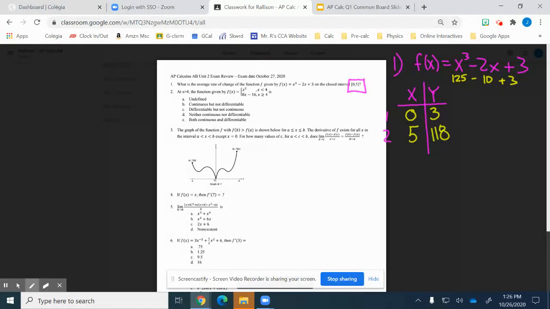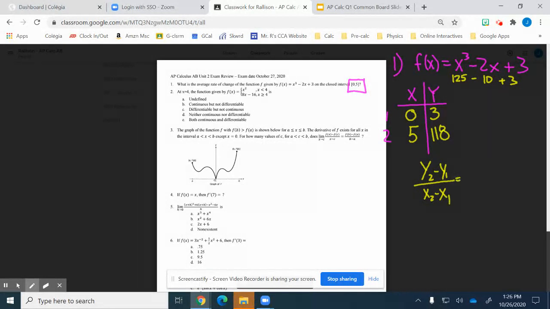So now all we have to do is say, well, we know our basic formula for the slope of a line, y2 minus y1 over x2 minus x1. That's the same thing as saying rise over run, right?